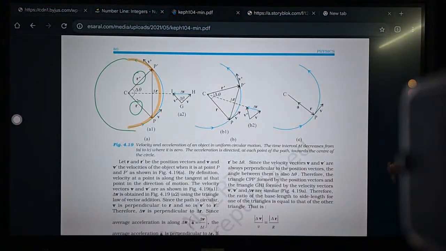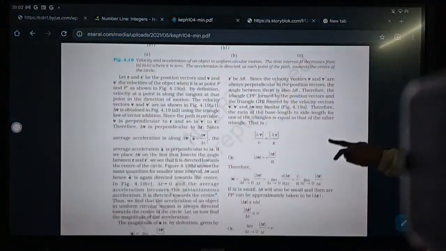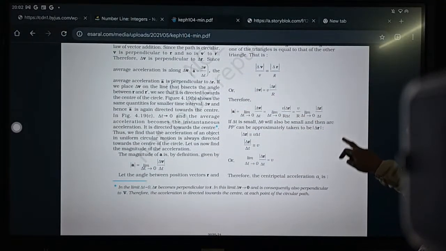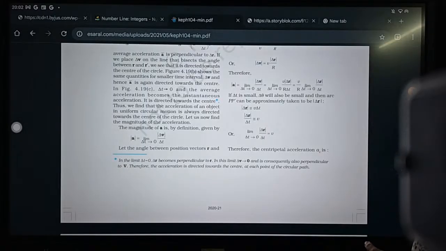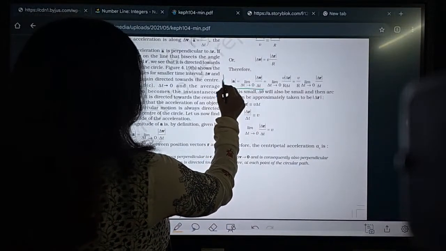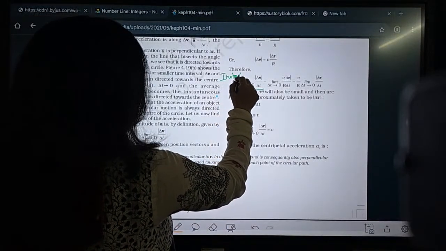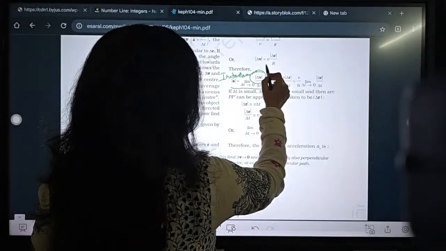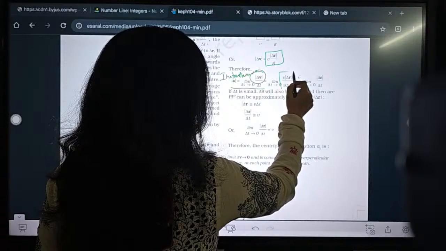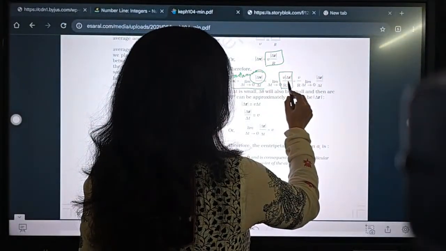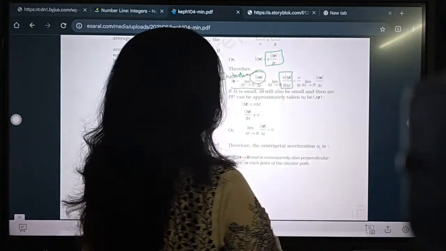Got it? So here, you can rewrite like this. Then what is the acceleration? It is the instantaneous acceleration. So here in the place of delta V, you are going to substitute this. Then what is delta R by delta T?